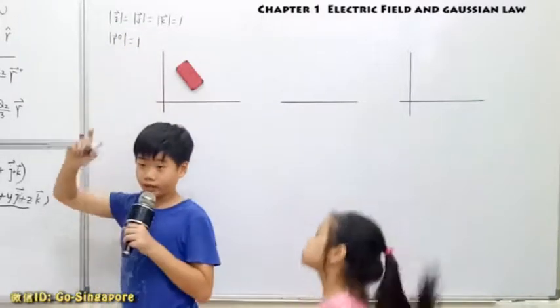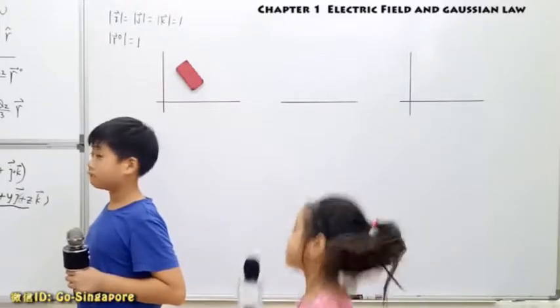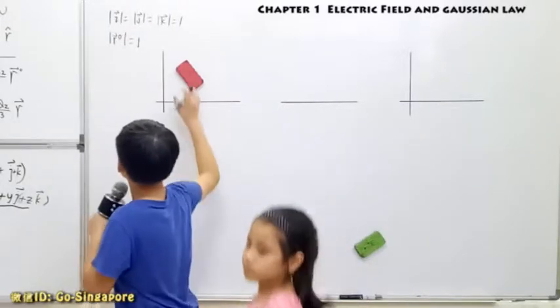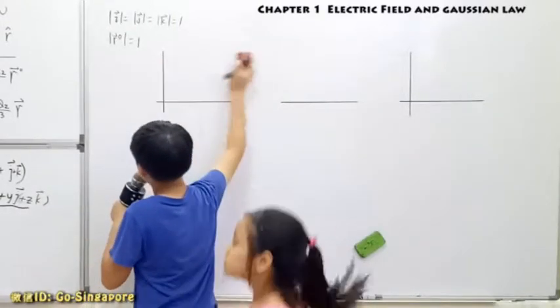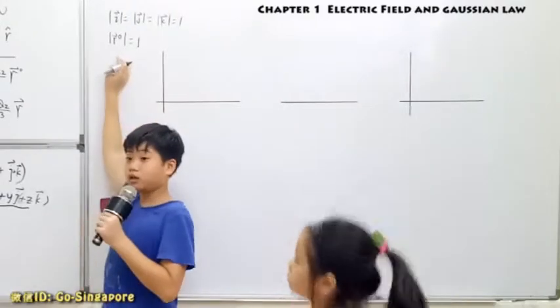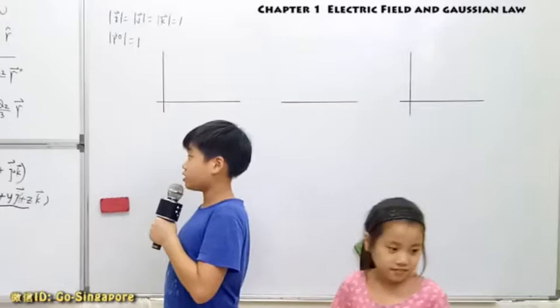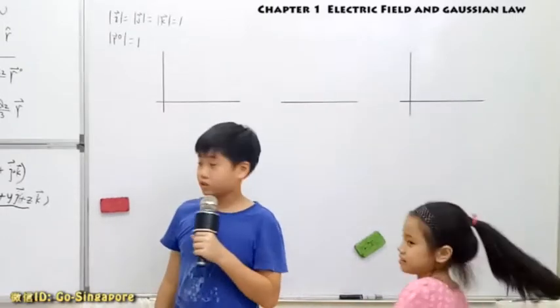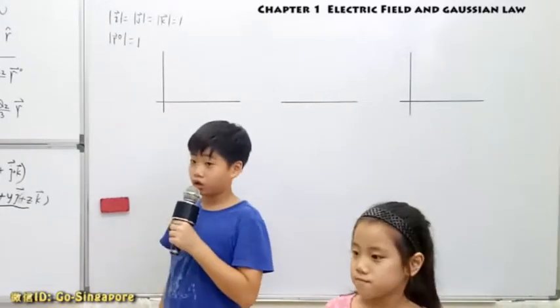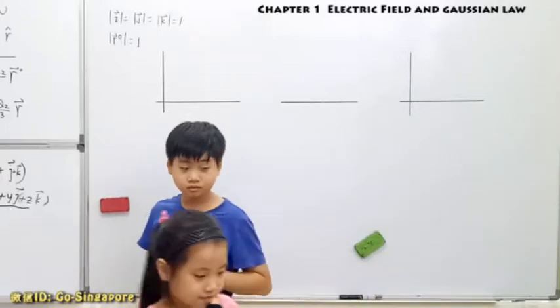So this is also a 1, right? Yeah. So remember, this is the unit vector. And for this unit vector, which is that r vector over r, right? Yeah.